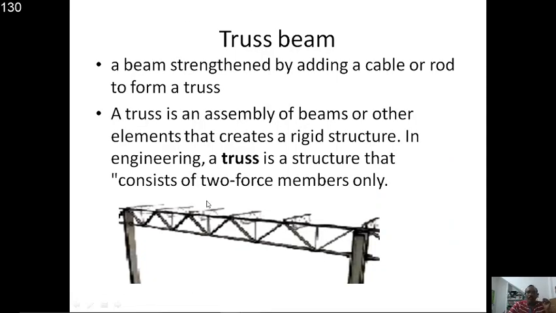The last type of beam is a beam strengthened by using cable or rod to form a truss. If we are using rods, you can see here there are a number of rods. This is a rod, this is also a rod, a steel type. Earlier we have seen that there are steel sections having different shapes, like L section and T section.